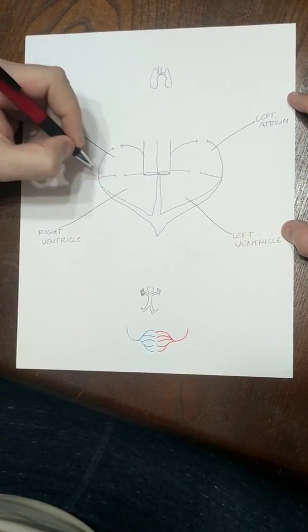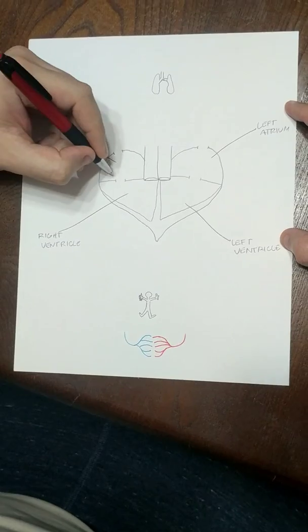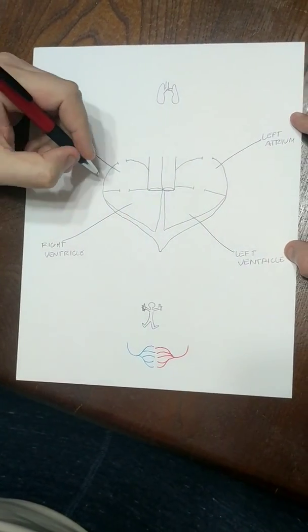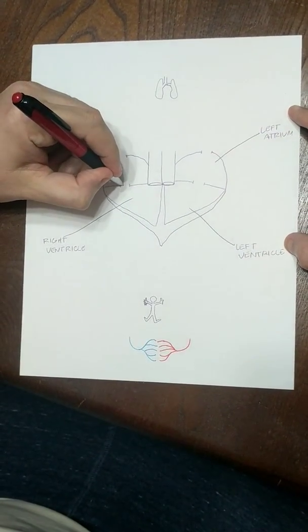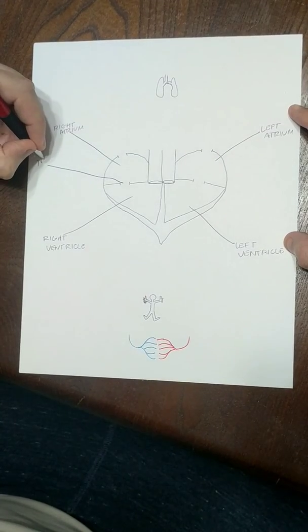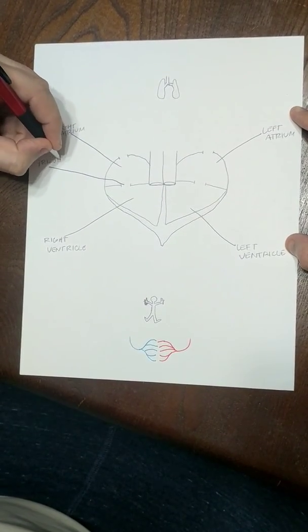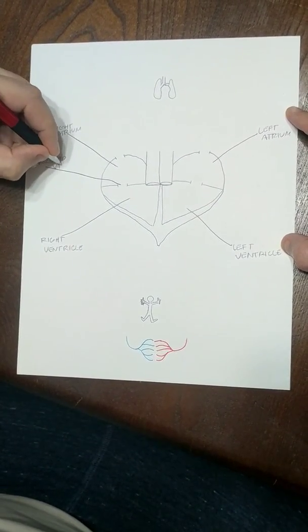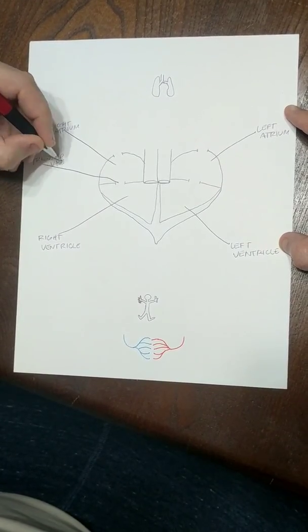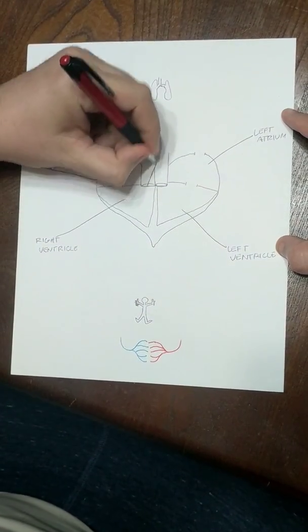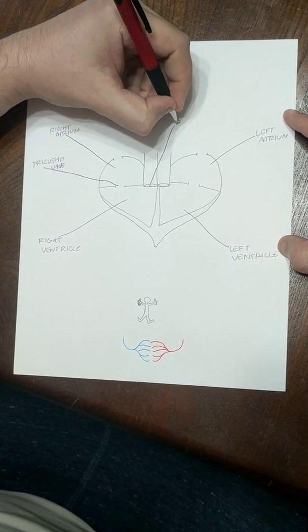So these couple of gaps here are your valves. This one here is your tricuspid valve. This is your pulmonary valve.